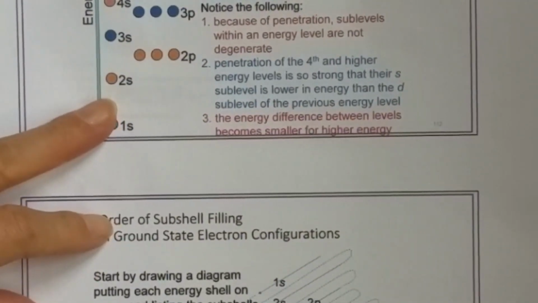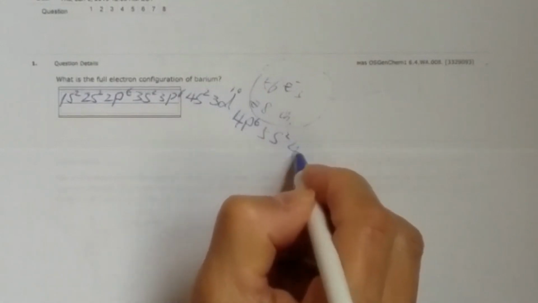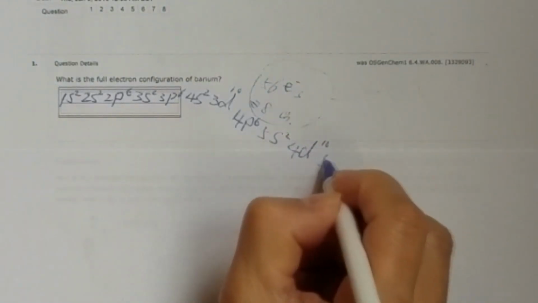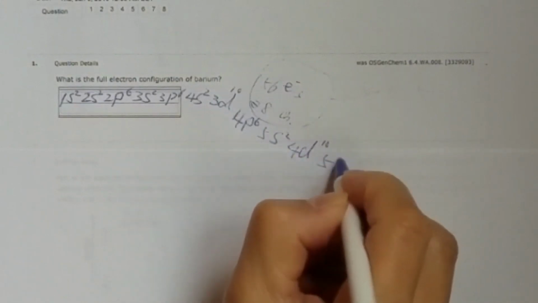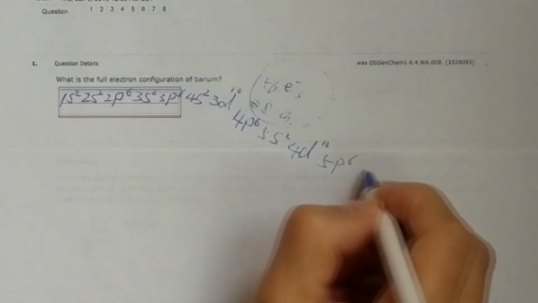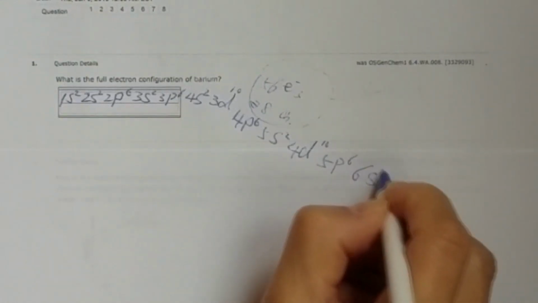After 5s, you go this way, and that's 4d, 5p, 6s. So that's 5s2, then 4d, and d should have 10 electrons. Then 5p, another 6, and after 5p we have 6s.